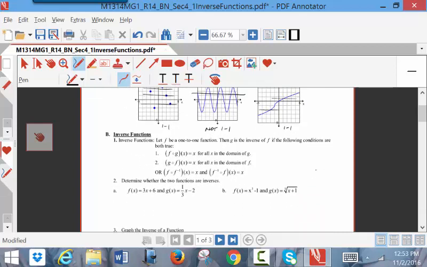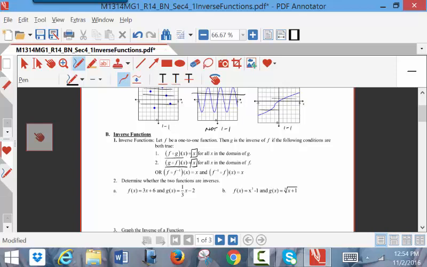So then they start talking about inverse functions, and they say if your function has an inverse, then when you perform the composition on them, the result better be x. If two functions are inverses of each other, when you perform the composition, you better get x.